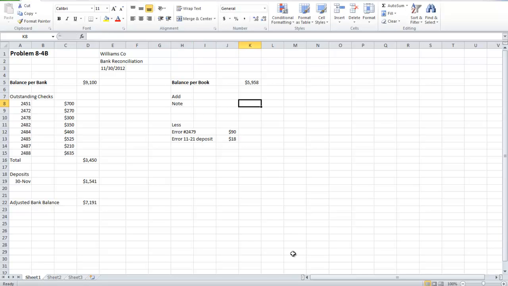Okay. And what we want to add is just a note. Okay. And so in this particular case, the note was $1,375, and we want to add the interest of $91, and we want to subtract out the collection fee of $16.